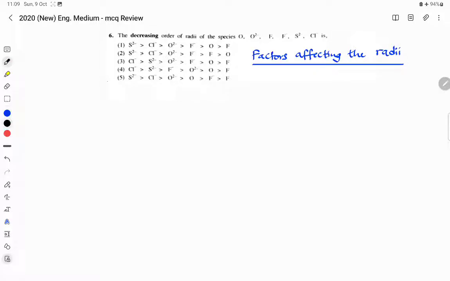These factors are, first one, the number of energy levels, number of shells. Second one, the charge of the species.